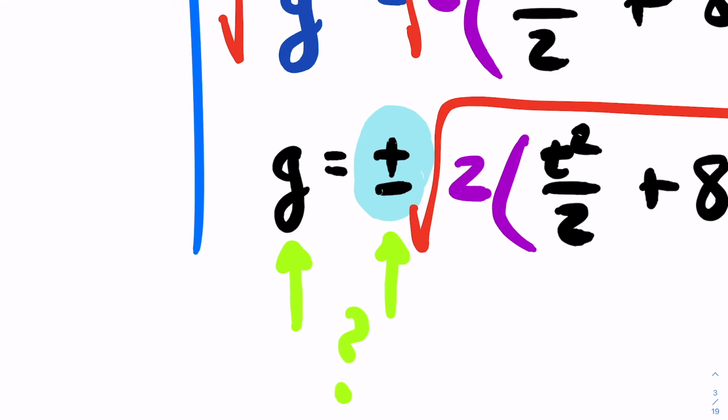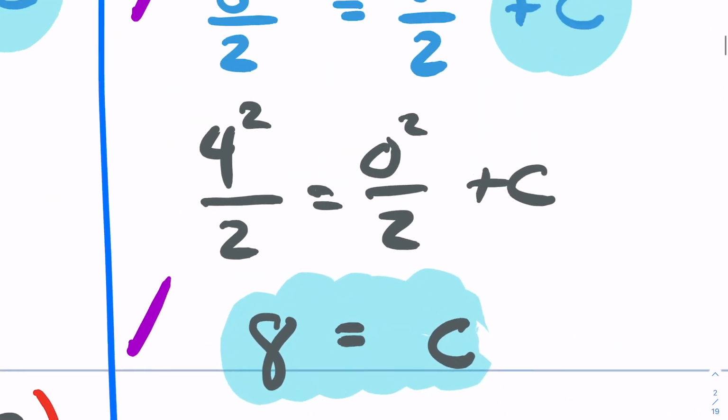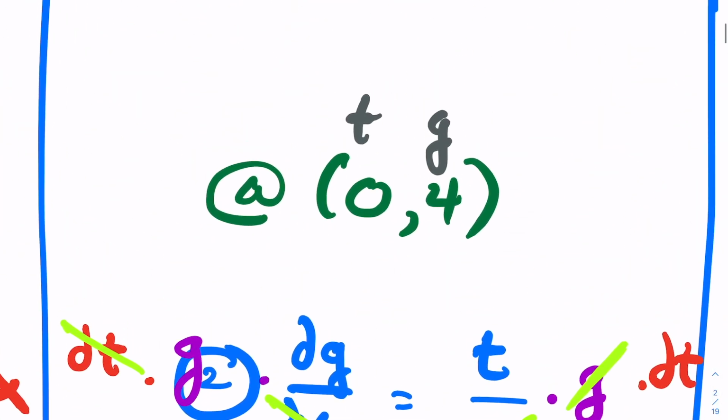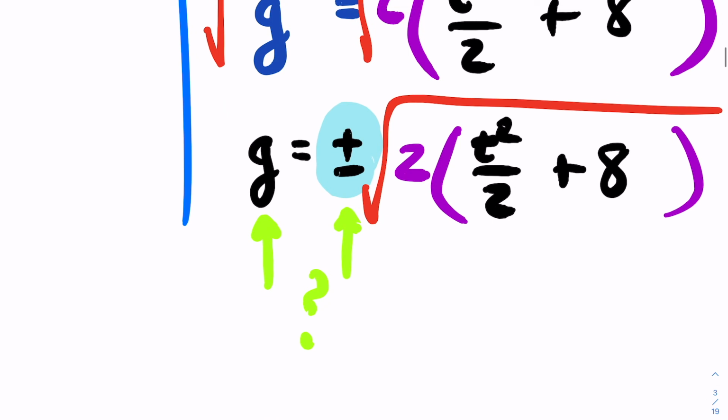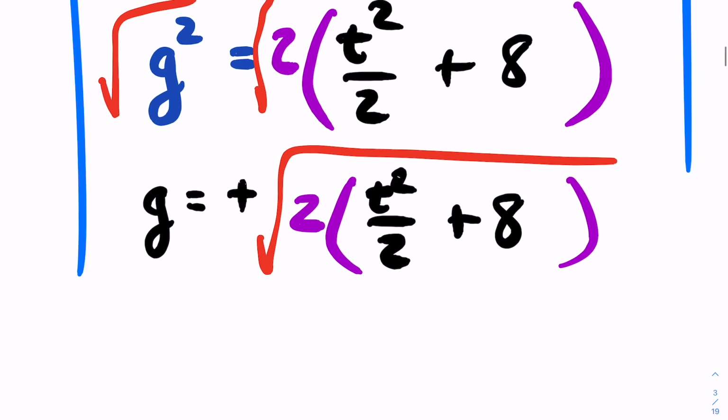What did g come out to on our initial point? g came out positive, so we are going to keep just the positive. Now, if g in the initial condition, the point, was negative, then you would end up with the negative root. And then that's it.